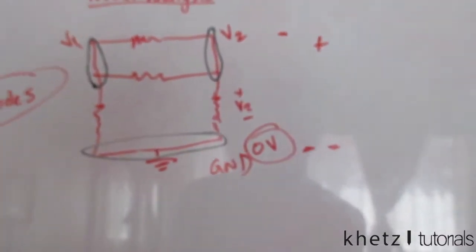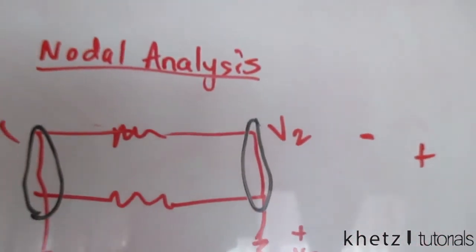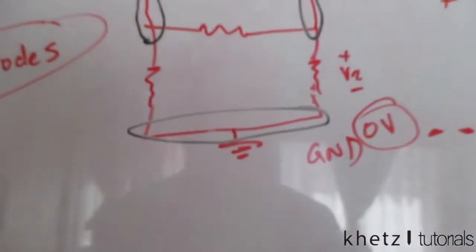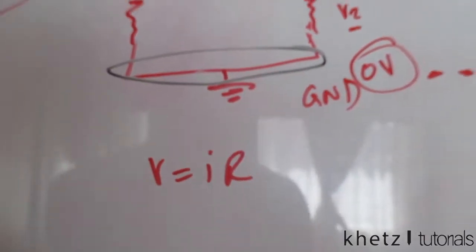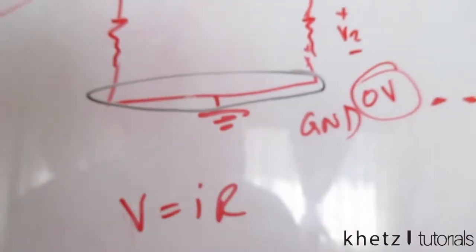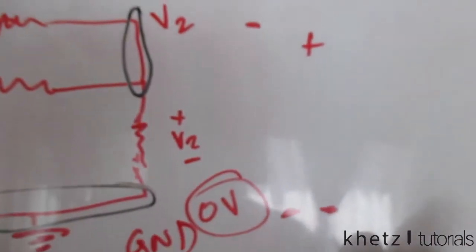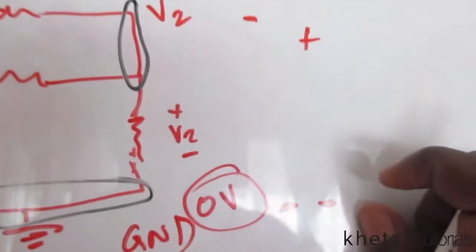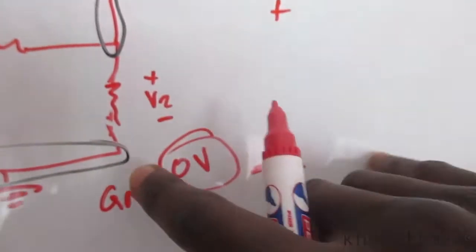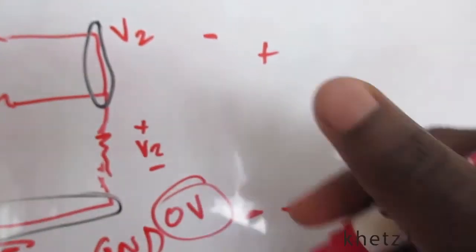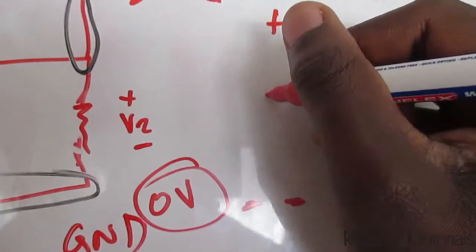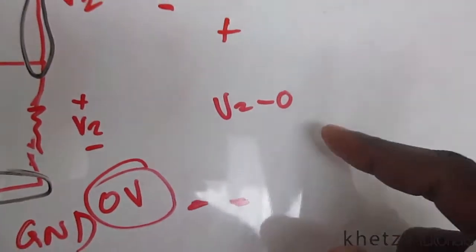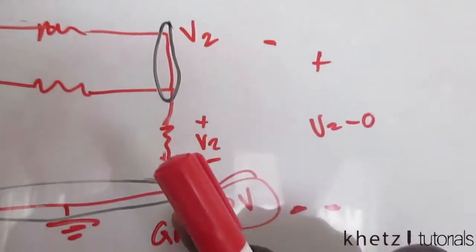So in nodal analysis, we are using KCL and Ohm's law. Ohm's law says V equals IR, right? And this V, like I showed you here, is the voltage between 2 points. So at this point, we have V2. At this point, we have 0. So when we say V2 minus 0, it is the voltage between that point and that point.